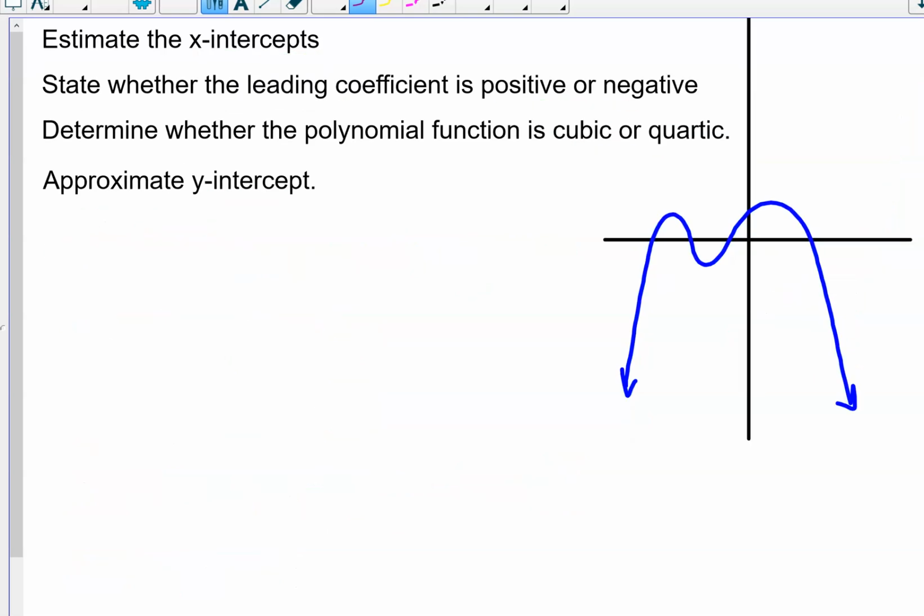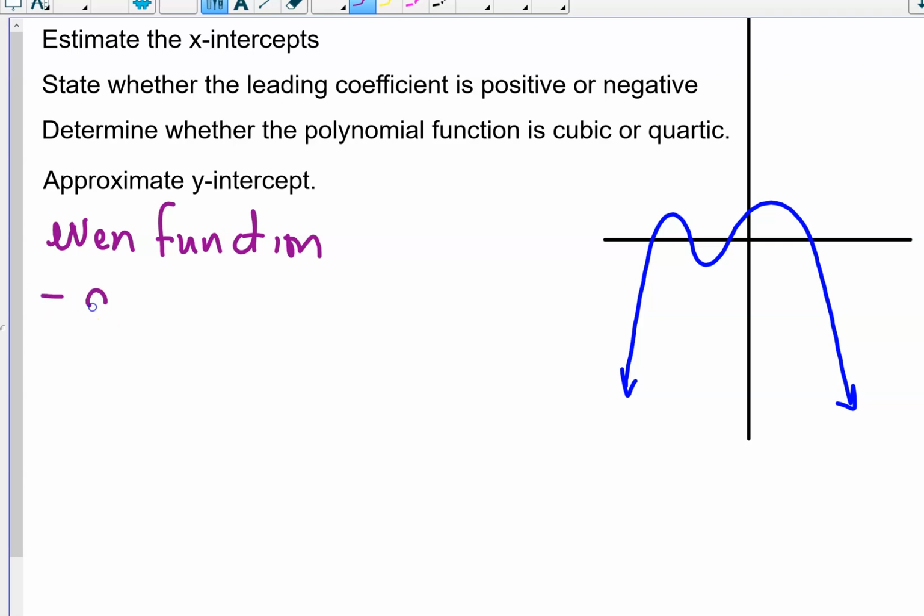Okay, moving right along. I know I'm at 10 minutes right now, so I'm going to try to work through this as quickly as I can. Estimate the x-intercept. On this one right here, if we just had to estimate, state whether it's positive or negative, going through all these things again, I would say this is an even function because both ends go the same way.